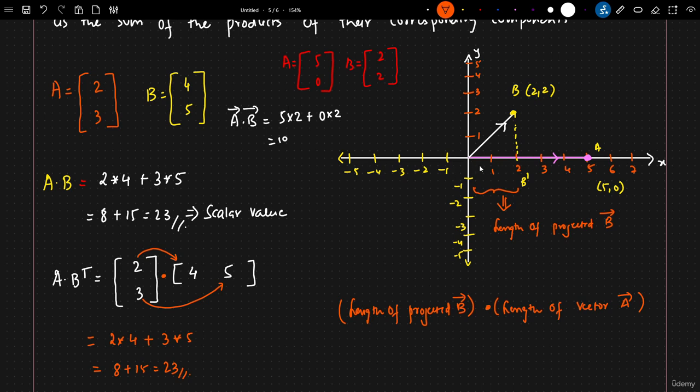It is nothing but 5, right? If I'm seeing this, it is nothing but 5, right? This is basically my length. So once I do the product of this, it will basically give me A dot product B, right?